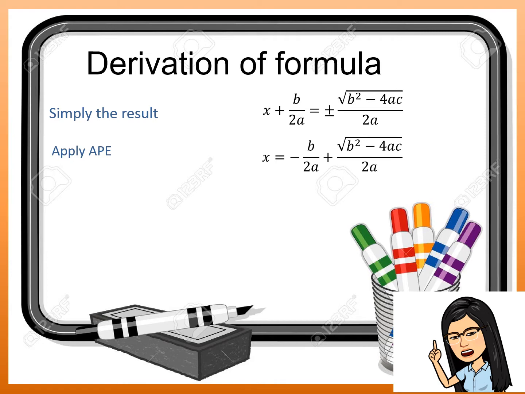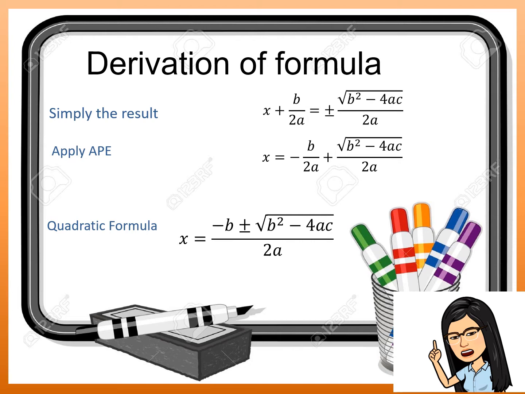Now, since the result is similar denominator, then we have the quadratic formula. x is equal to negative b plus or minus the square root of b squared minus 4ac all over 2a.